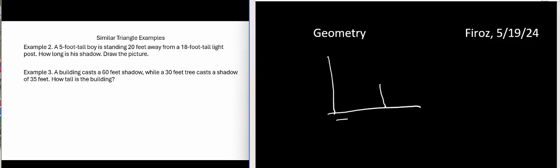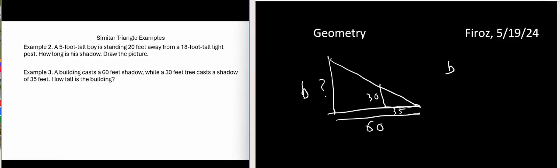So the building is putting a shadow here, which is 60 feet. And then the height of the tree is 30 feet here. And then the shadow of this one is, in this case, 35 feet. So now we need to find the height of this building. Let me call it b.